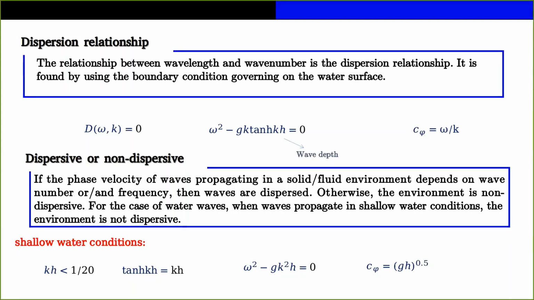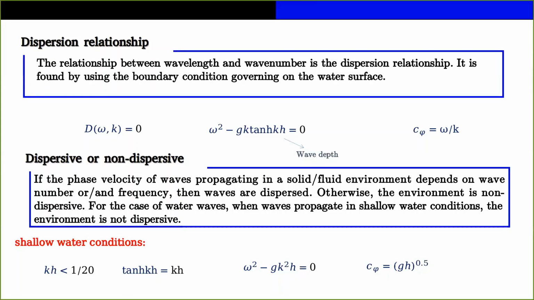Is it a cable? Is it an elastic body? Or is it water? For each of these environments, you have your own dispersion relationship that relates the wave number to the wave frequency.